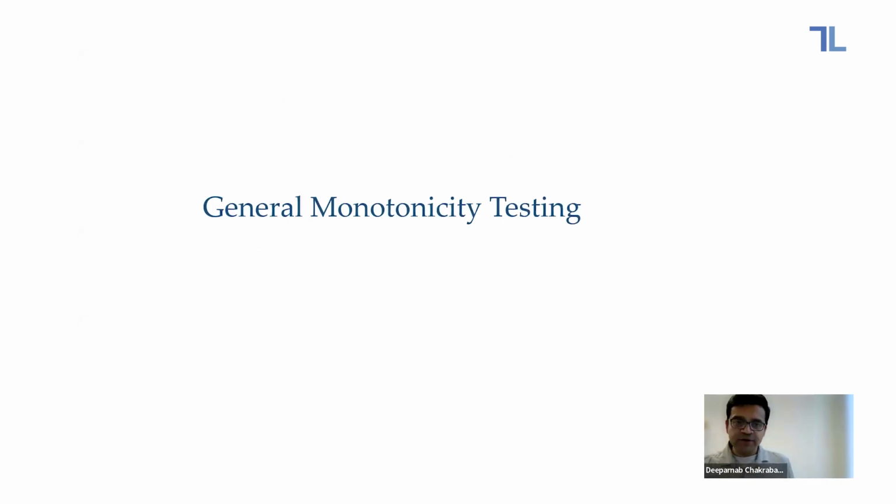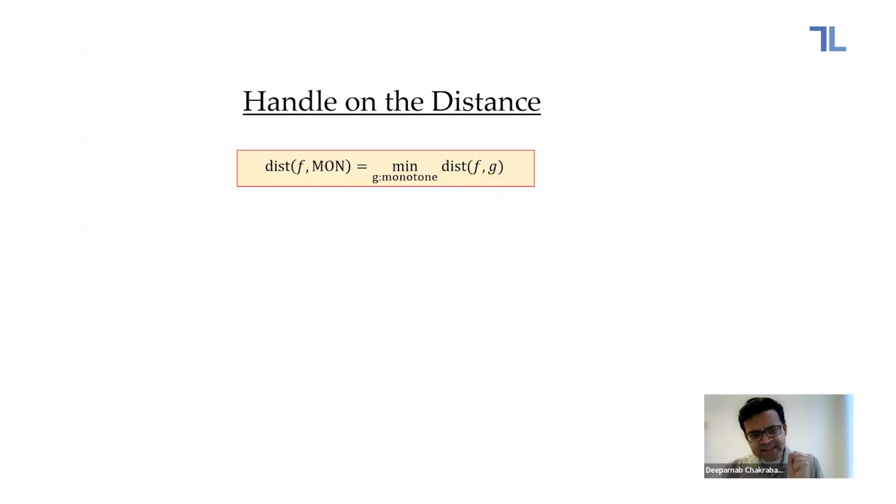Okay, so let's talk about general monotonicity testing. If you think about monotone functions, the definition is maybe simple: if x is less than y in the partial order, f of x is less than or equal to f of y. But what is a little bit hard to grasp is this notion of distance to monotonicity.